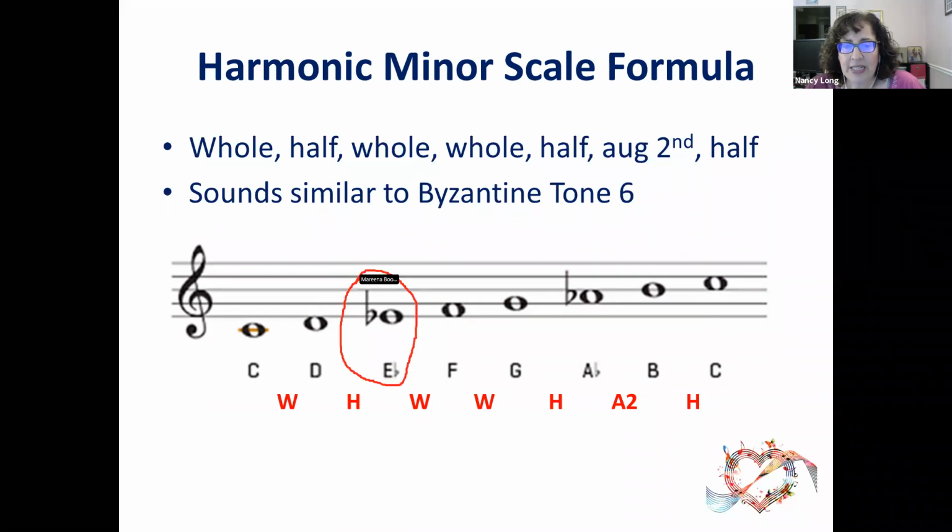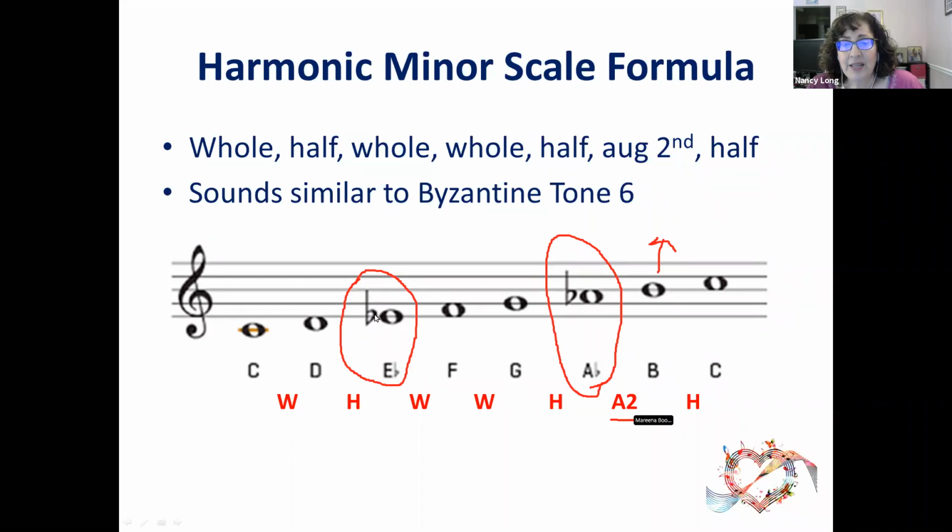Okay, so we have a flatted E, the flatted third, and then a flatted sixth, but the natural on the seventh. So this is where it starts sounding something like Byzantine tone 6, when we have that interval between the A flat and the B, which is that augmented second that we talked about.